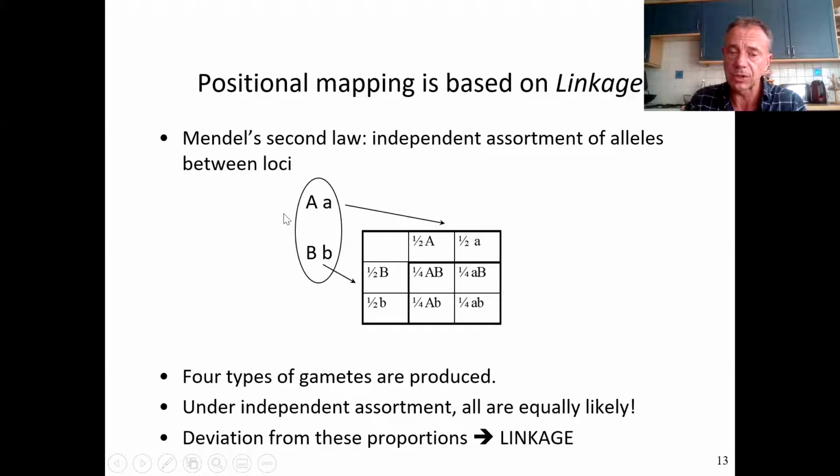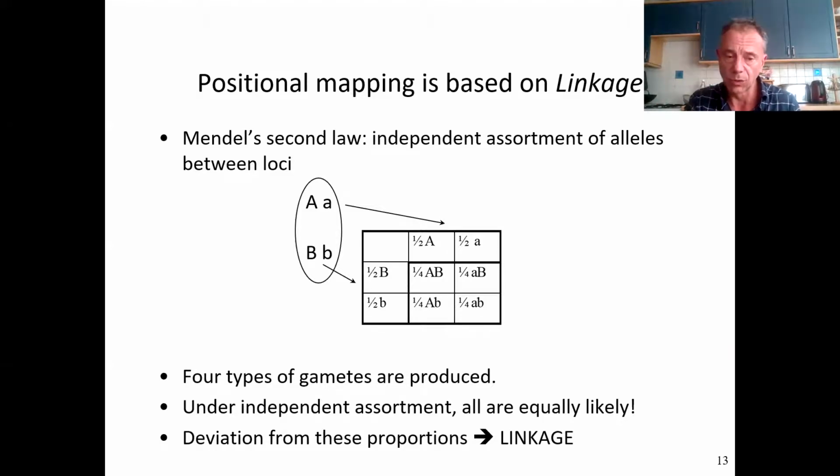So if you're starting with a heterozygous parent who's got one big A, one little a, the probability of passing a big A to the child is half, the little a is a half, the probability of big B is half, little b is half, and the probability of a big A and a big B together is a half times a half, which is a quarter, little a and big B a quarter, and so on. So that is the law of independent assortment.